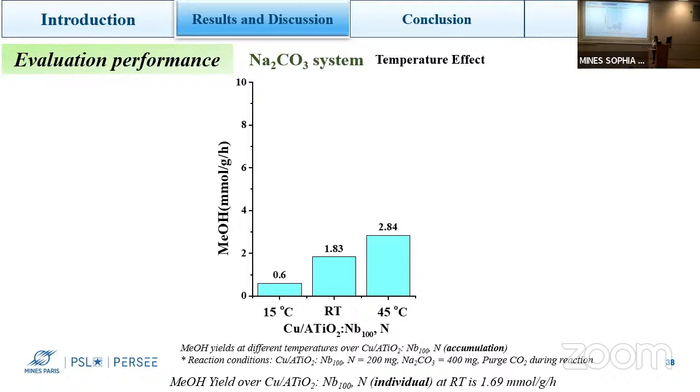Is it due to a better... Sometimes when we increase the temperature, you improve the probability of reaction because we have more thermal agitation. So in your case here, how can you explain the increase of the activity? What is the step of the catalytic reaction that could be improved by increasing the temperature of the test?